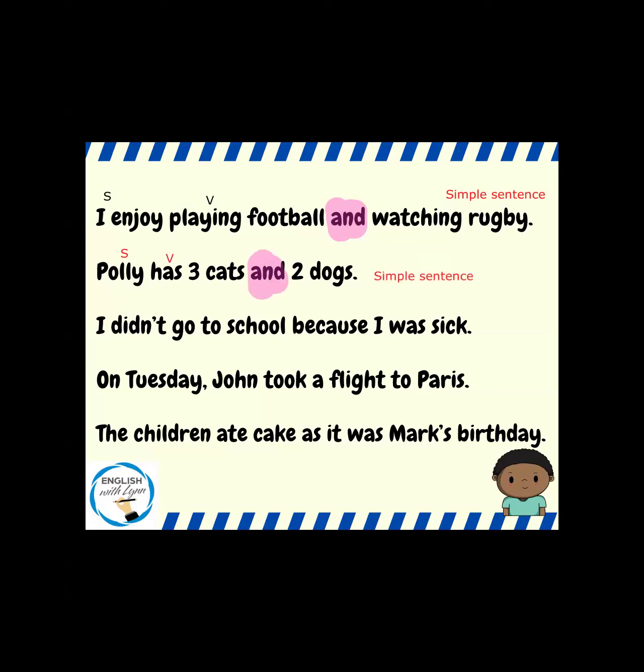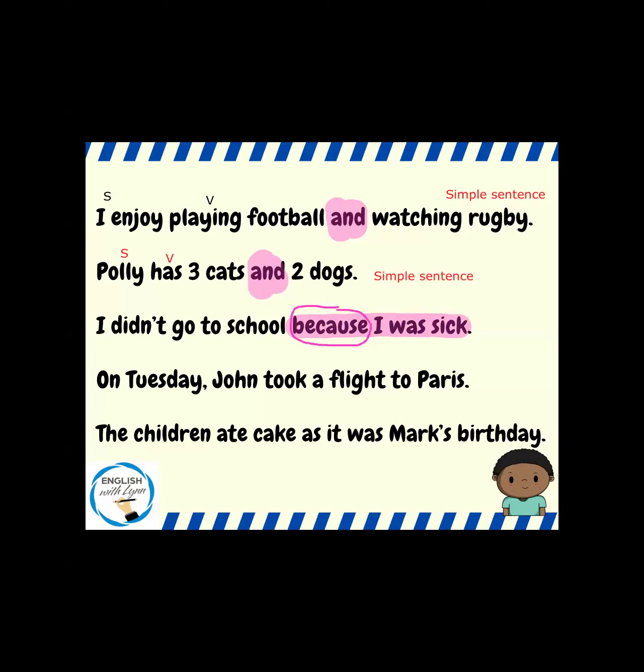The next one. Let me scan straight away for my conjunction. Yes, I've spotted it. So I have a conjunction here. Now, because I know that it's a subordinating conjunction, so because I was sick, it must be a subordinate clause because I've got the because there.